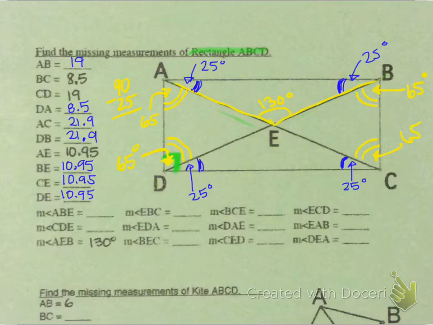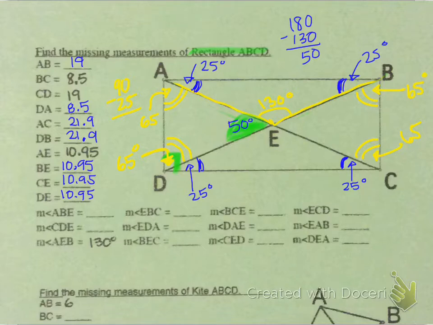Probably the last angle I want to find is this one that I'm going to highlight in green. It's supplementary with the one next to it, 130, so I can just subtract from 180 to find it. I get 50. So that green one's going to be 50.